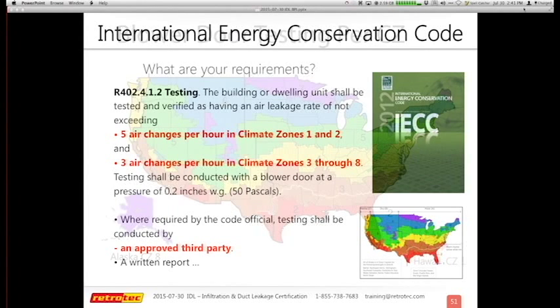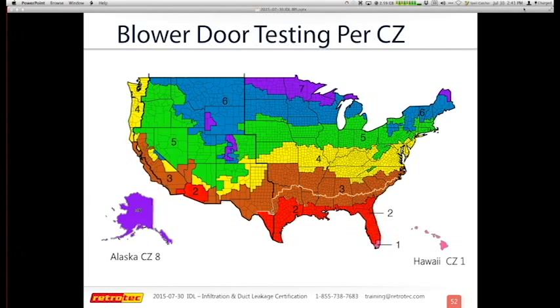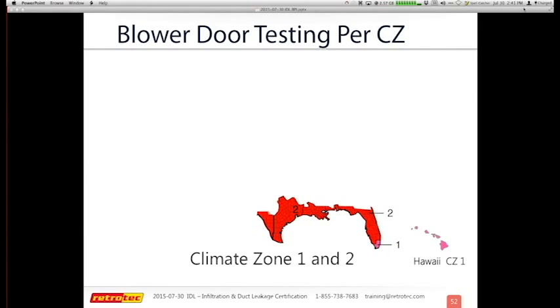So here is the climate zone map. It's also ASHRAE's map, and also the IECC adopted this map in terms of what are your requirements. All right. So climate zones 1 and 2 are allowed to do 5 air changes per hour. That also includes Hawaii. But you see climate zone 1 is really Hawaii and a big chunk of Miami and a little bit further south there.